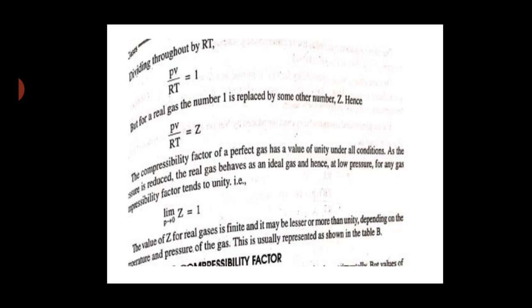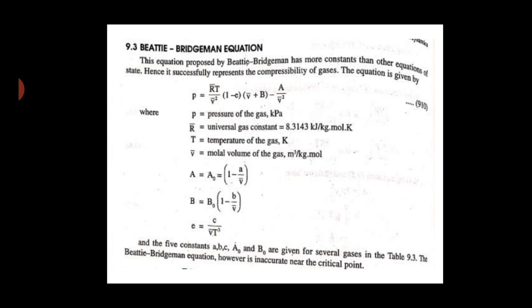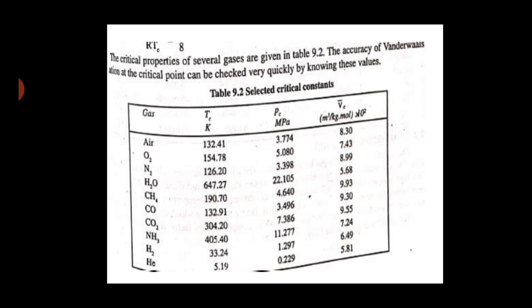Now you can see this is a table for critical constants. The table for nitrogen is the third row.